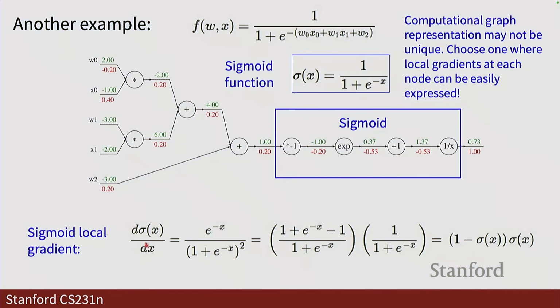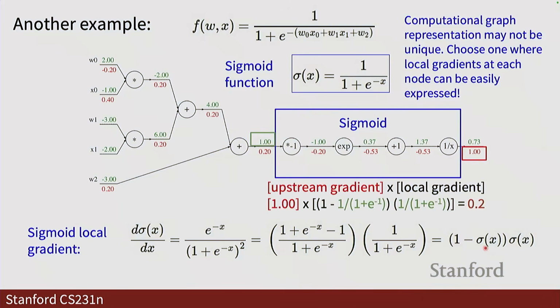The local gradient of sigmoid with respect to the variable x, if we do the calculations and simplify, is 1 minus sigmoid multiplied by the sigmoid of the same x. So it's actually a very useful framework. So anyways, useful function and easy.